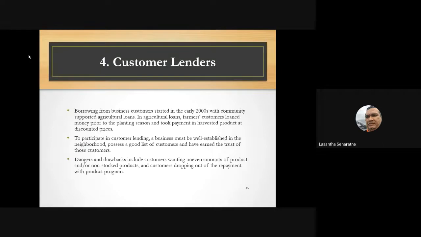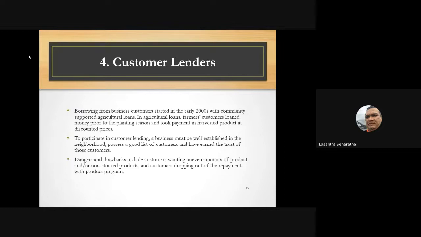Customer lenders. Borrowing from business customers started in the early 2000s with community supported and agricultural loans. In agricultural loans, farmer customers loan money prior to the planting season and take payment in harvested products at a discounted price. The practice is customer lending.